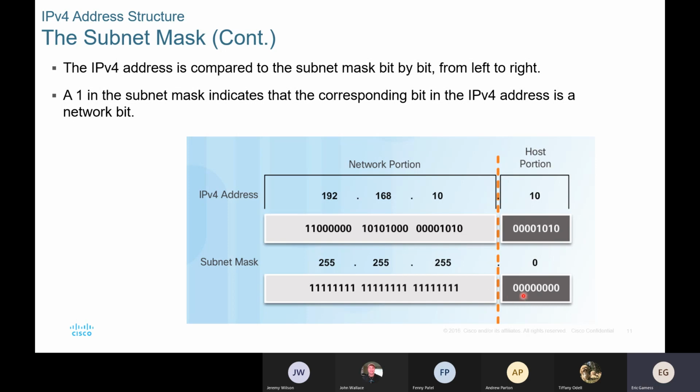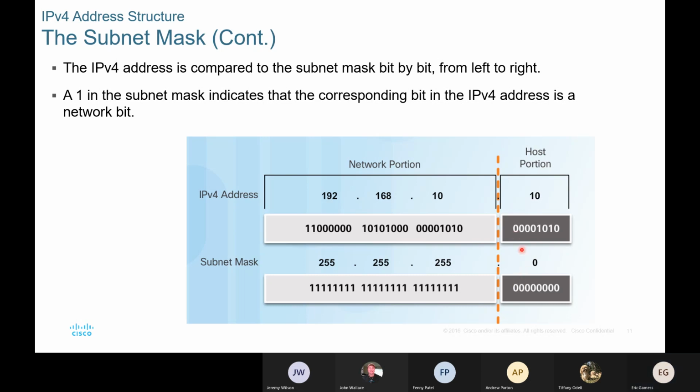Now I have a series of 0s. Every time that I have a 0 in the network mask, it means that the associated bit in the IP address belongs to the host part. So this 0 means that this bit belongs to the host part.